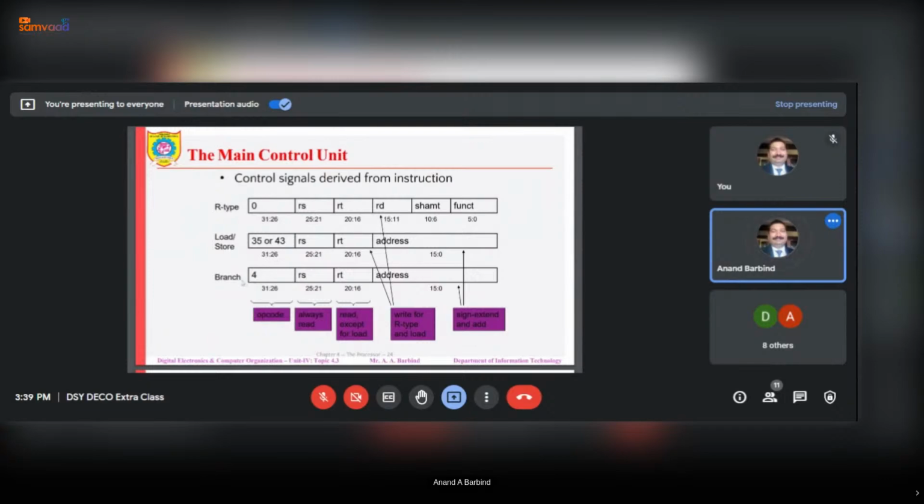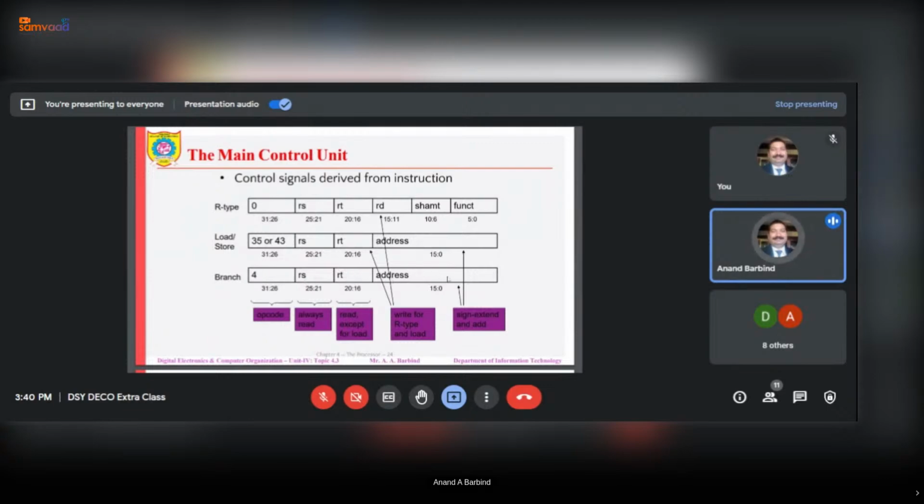Whereas in bits 26 to 31, a 4 indicates that it is a branch instruction, that is the branch if equal instruction. If the contents of these two registers are equal, then it will cause a branch. Otherwise, it will not cause a branch.